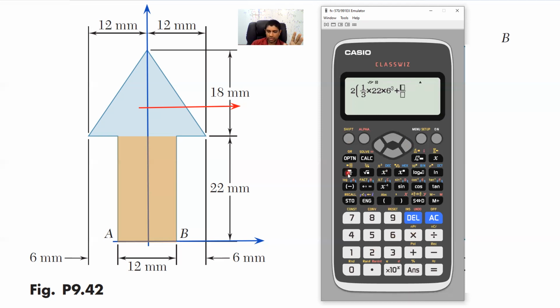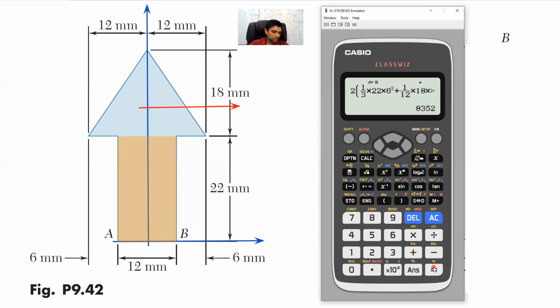It is 1 over 12, base is now 18 and height is 12, cubed. Then we can find the value, 8.35 into 10 to the power 3. Yes, that is the given answer.